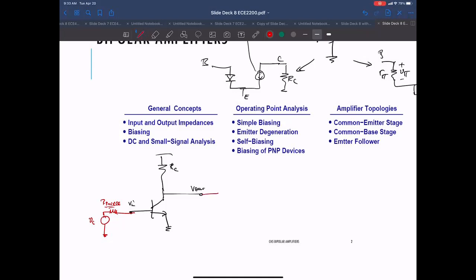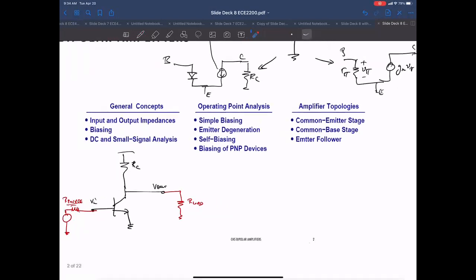And same with the output, like if you were going to drive a speaker, it has its own load resistance. So what does that mean? How does this source resistance and this load resistance affect the design of our amplifier?